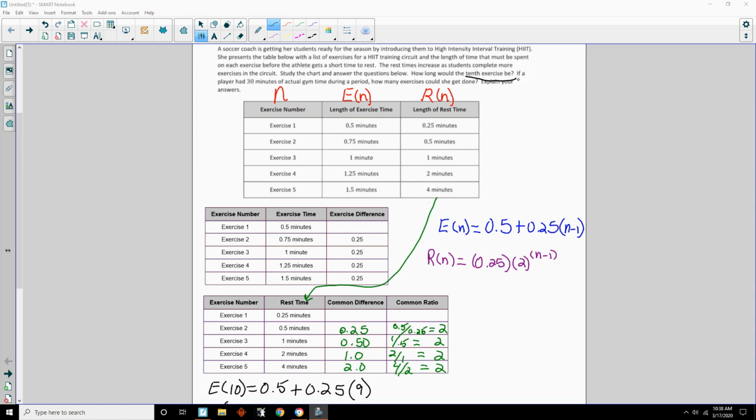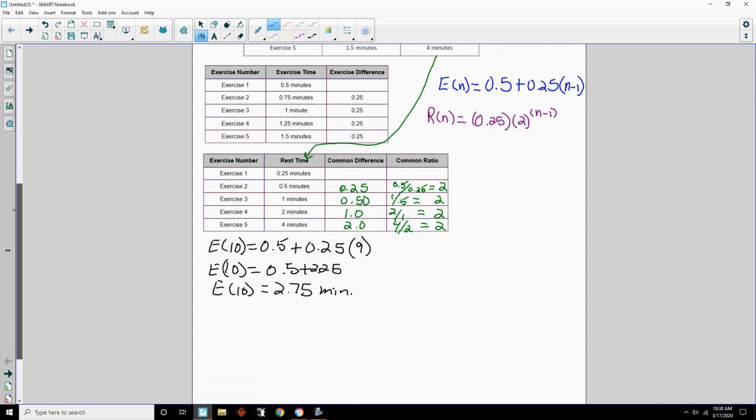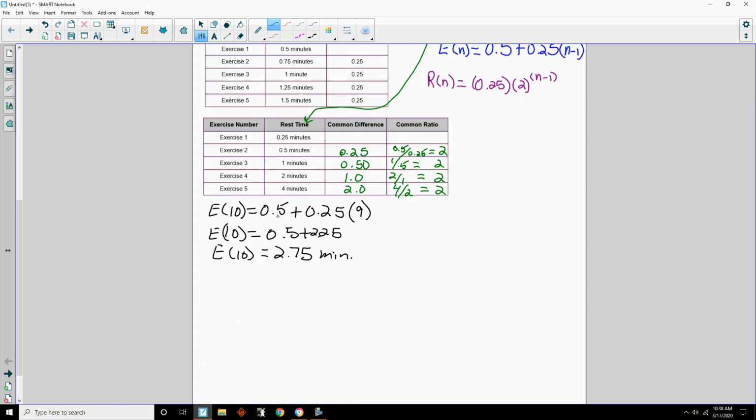The other thing it asked for was, if a player has 30 minutes of actual gym time during a period, how many exercises could she get done? Explain your answer. Okay, so now we move down here. So we would have to add the exercise and rest times for each row, starting with exercise 1, and see when the accumulated time exceeds 30 minutes.